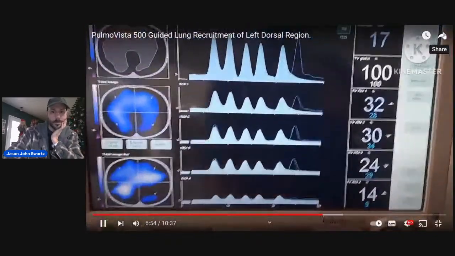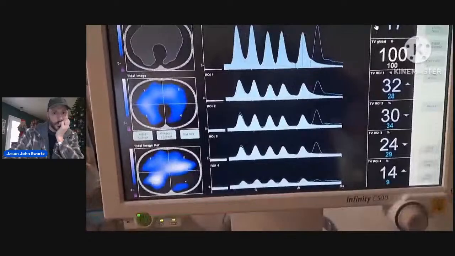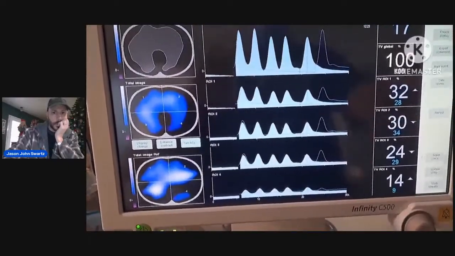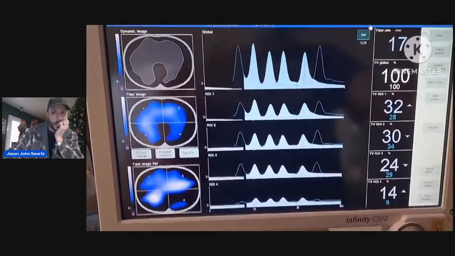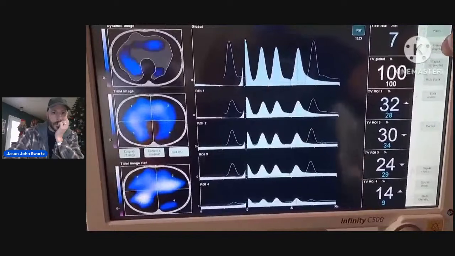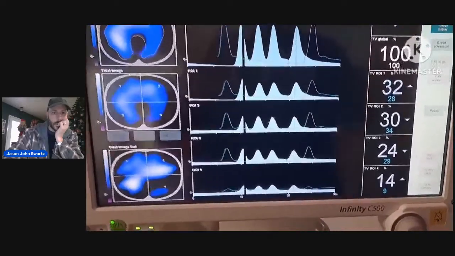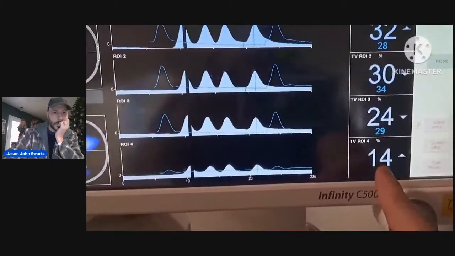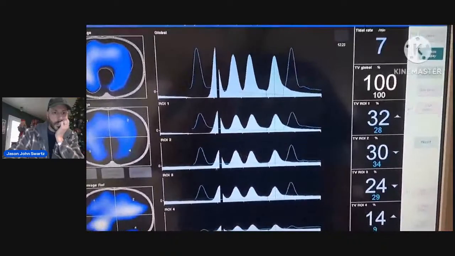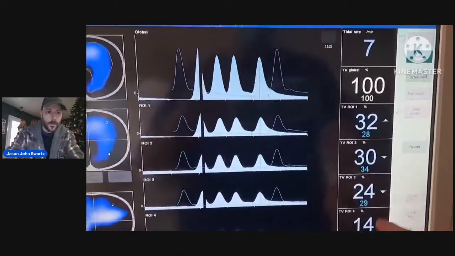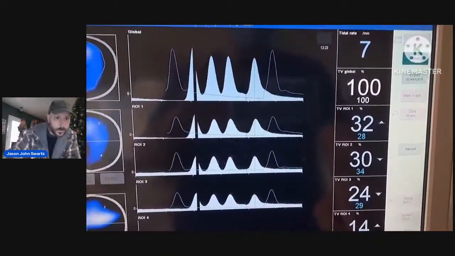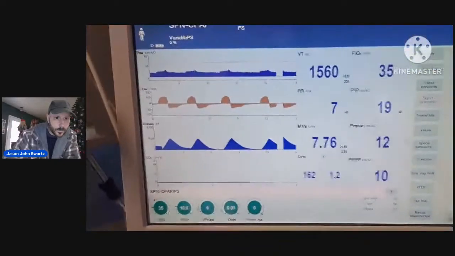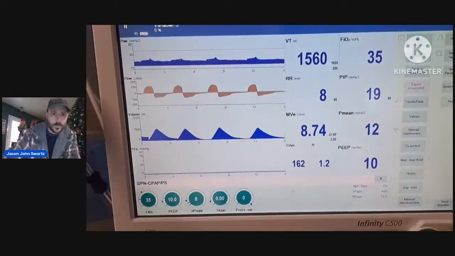See, we're up to 14% now. I'm going to wait for the next one and freeze it. Okay, yes, 14%. This is great. We've increased to a normal amount with 10. So I'm going to do the PEEP titration.